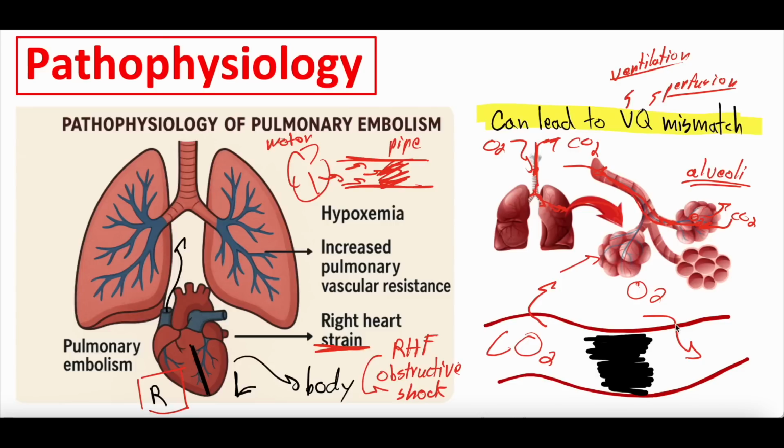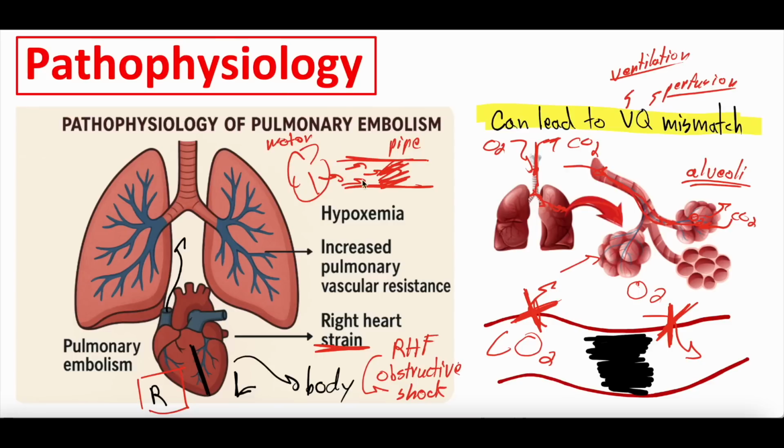So the oxygen in the alveoli can no longer go into the blood vessel because there's no blood flow, and the carbon dioxide in the blood vessel can no longer go into the alveoli, so you can't exchange gas. So those alveoli keep breathing air in and out, but there's no blood flow to them to exchange gas. So you get a mismatch of your ventilation because you're still ventilating these areas, but you're not perfusing them. There's no blood flow, so they're not participating in gas exchange.